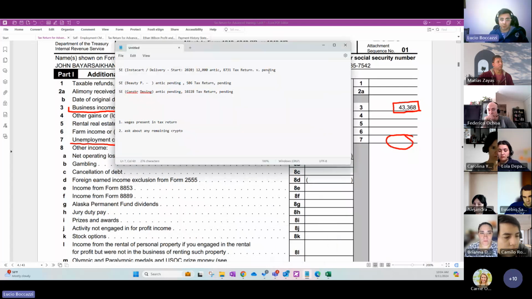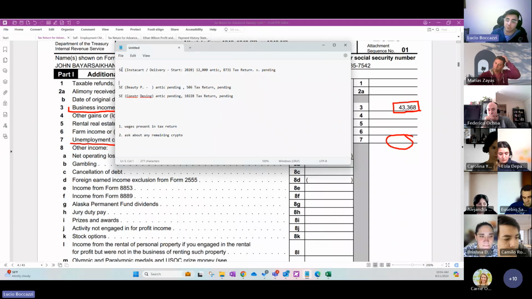So what do we need to talk to the applicant about? So far, what we know is we have Instacart and delivery that we have verified, that we have a self-declaration for. What we need to find out is, are they actually still doing the beauty products and the construction design?